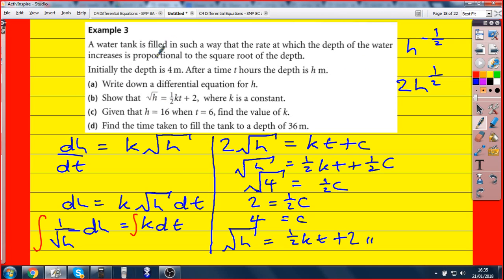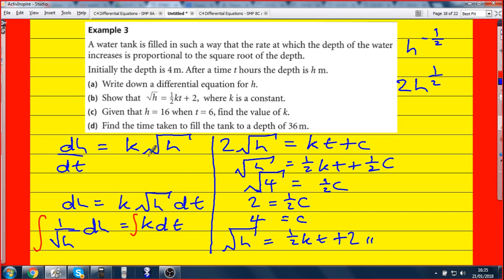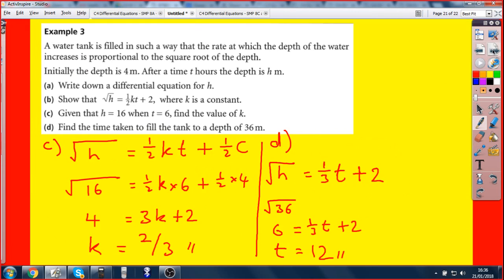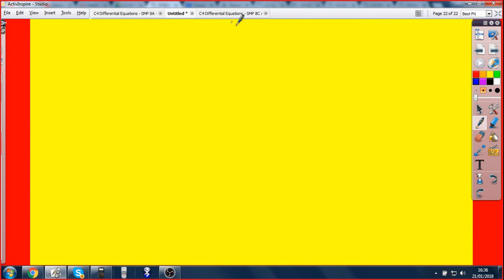It's basically, if it's proportional, then dH/dT equals K root H, and you have to do it this way so that we can get H in terms of T, connecting H and K. If we did it the way we were doing it before, we don't get a connection between them, because when time is 0, T is 0, and so there's no T. We can't use it for anything.